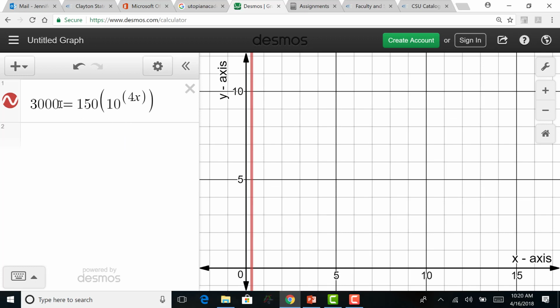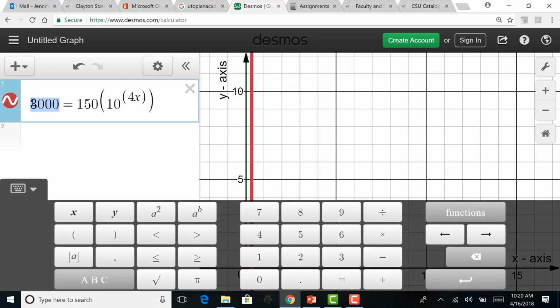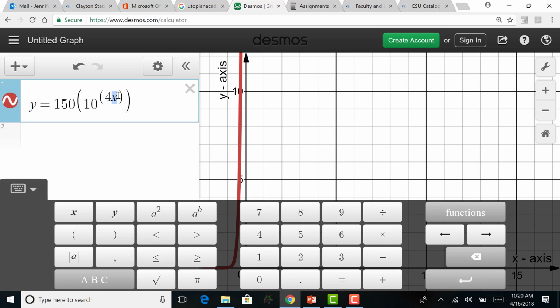Okay, it didn't show me what I wanted, so I'm going to do this. I'm going to change that to Y, make this a T. All right, I don't need that, delete that.